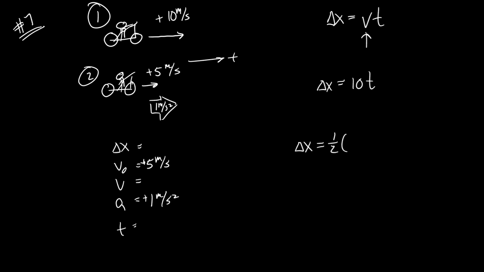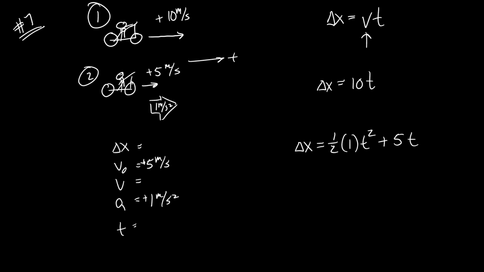I know the acceleration and the initial velocity for cyclist 2. And if I'm careful, I know that at some time in the future, they're going to be at the same place at the same time. I want to find out what time or what place this occurs.